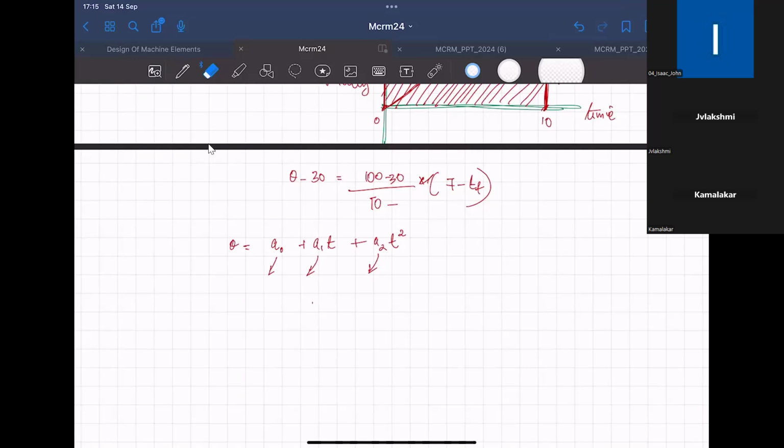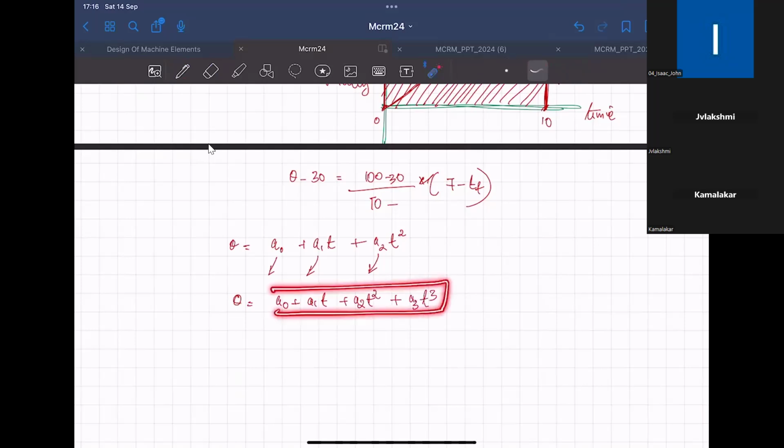That is why we use the cubic polynomial: theta as a0 plus a1t plus a2t squared plus a3t cubed. We will have four unknowns, so that we can use four equations to solve for them. The four equations are the boundary conditions on positions, initial and final, and initial and final velocities.